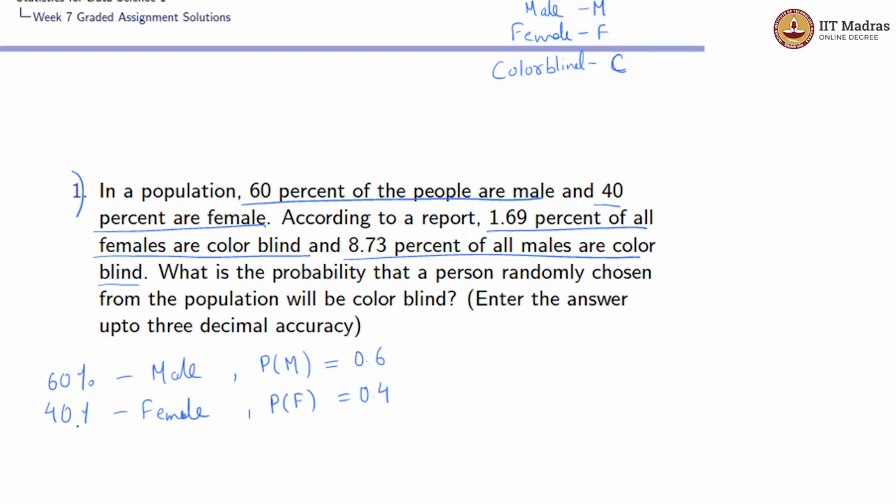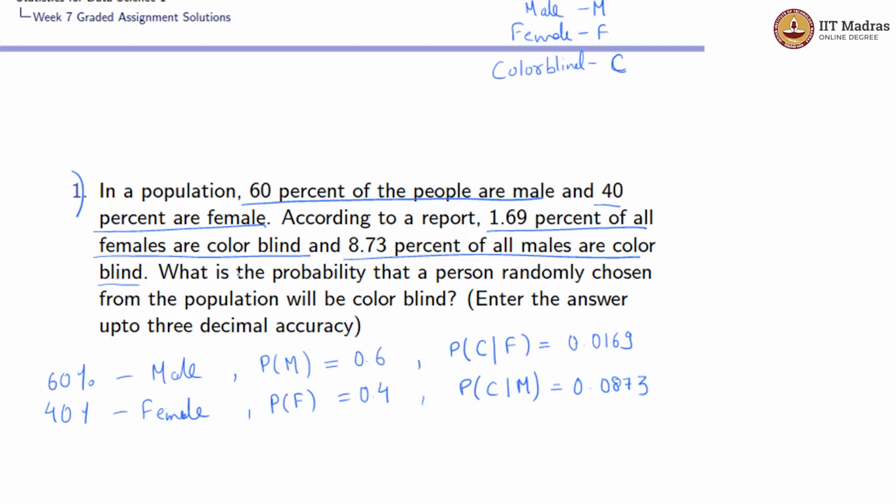So among all the females, 1.69% of them are colorblind. It is the probability of a person being colorblind given that that person is a female is 1.69%. So it is going to be 0.0169. Similarly, 8.73% of all males are colorblind, so the probability of C given M is equal to 0.0873.